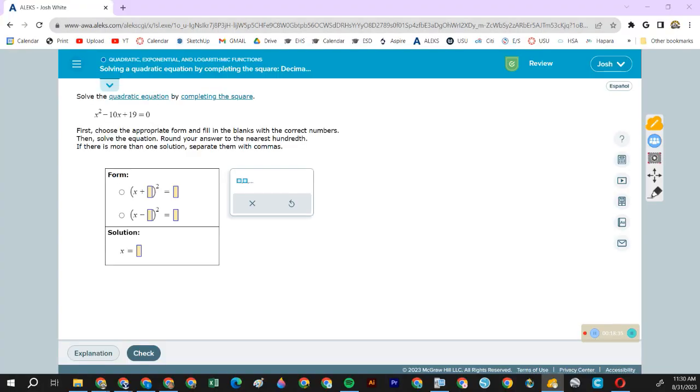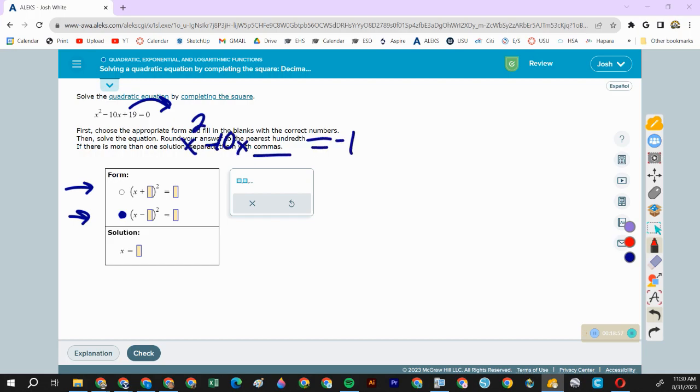So we go back to Alex. So is this a perfect square trinomial? No. So, kind of dumb, but it wants you to pick the correct one. It's going to be the bottom one. And then solve it by completing the square. So we need to move the 19 out of the way. X squared minus 10x, leave a space, equals negative 19. And x minus 5 squared, so this is a 5.